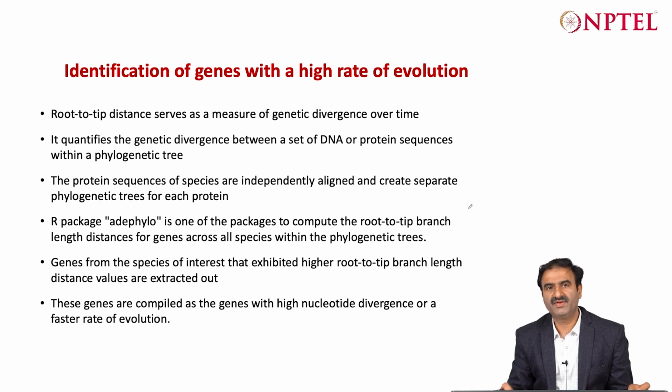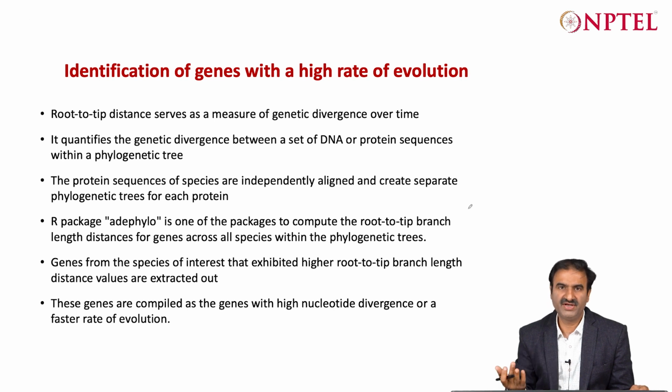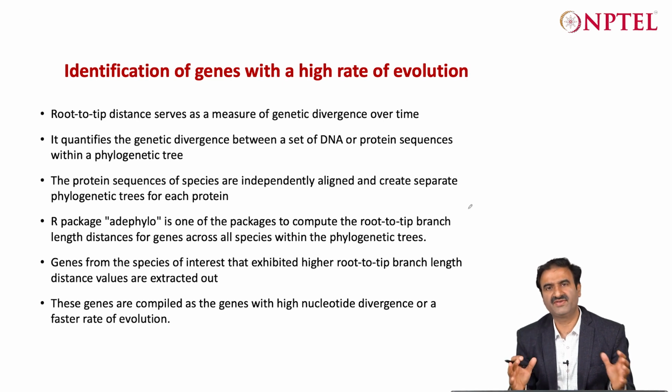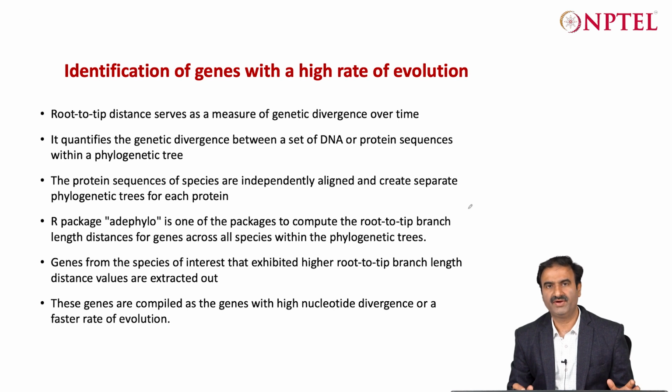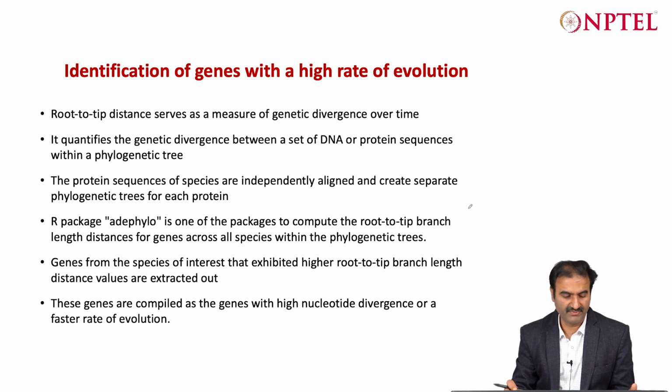That means among two species coming next to each other, the genes you considered for building that tree have a higher root-to-tip branch length in one species. So that means those sequences have higher rates of evolution.